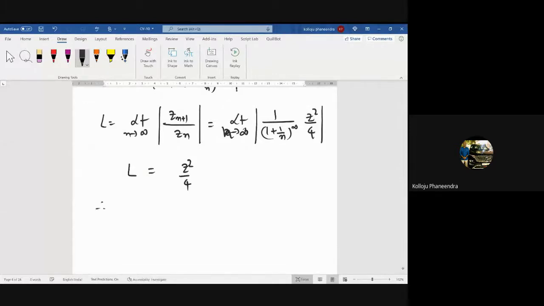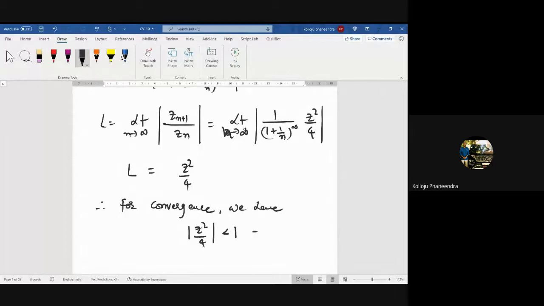Therefore, the radius of convergence is, what I have for convergence, this should be less than 1. For convergence, we have mod z square by 4 less than 1.